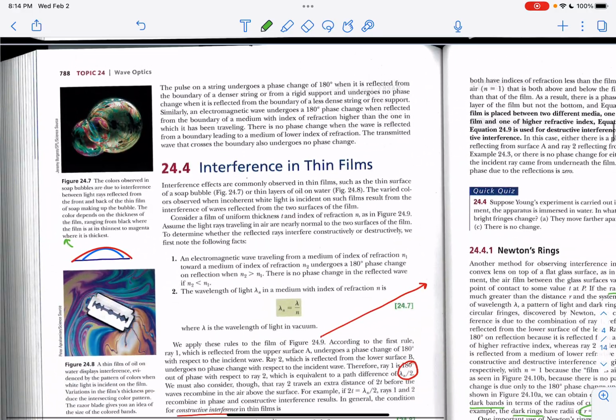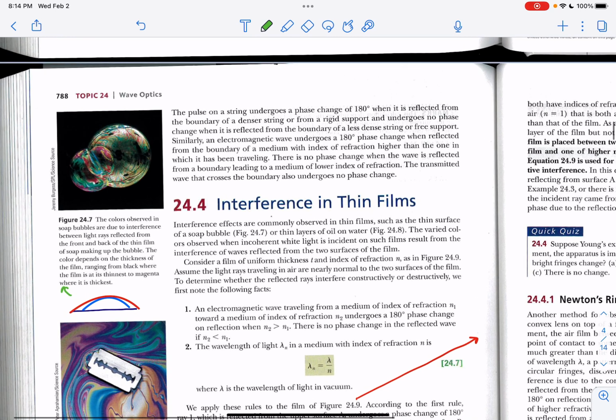Now, you've probably seen this phenomenon before. These are bubbles. It could be soap bubbles that you're blowing. You have a little plastic container of a soap solution and a little plastic loop, and you blow the soap bubbles.